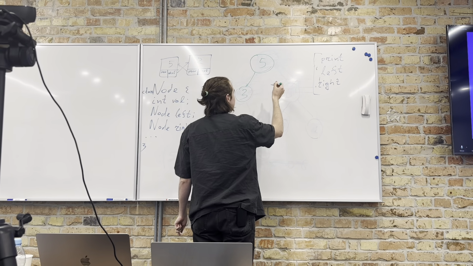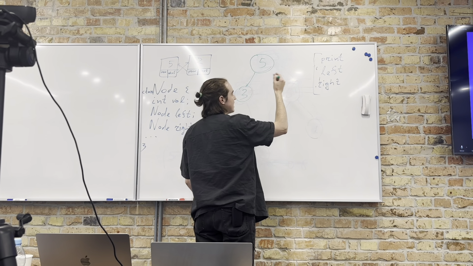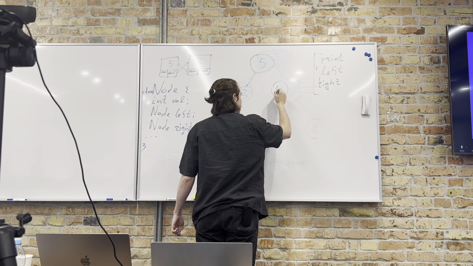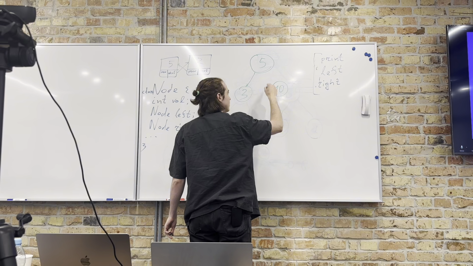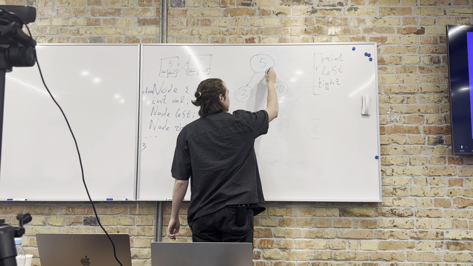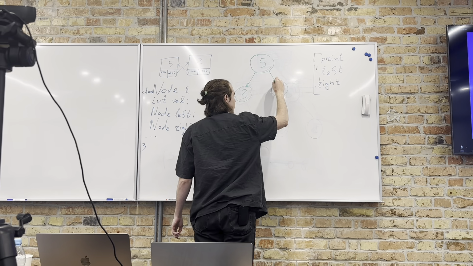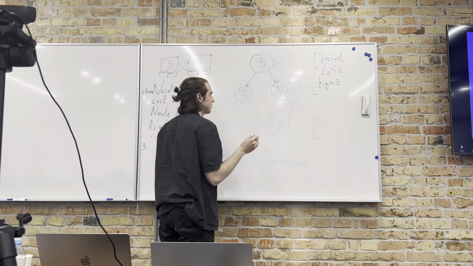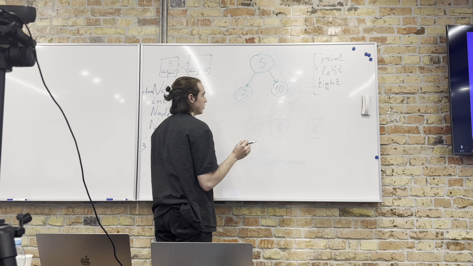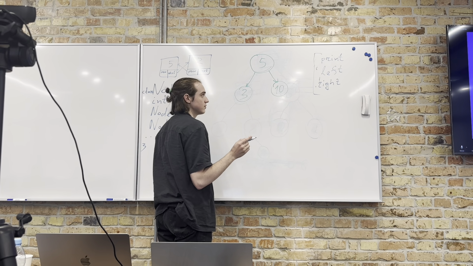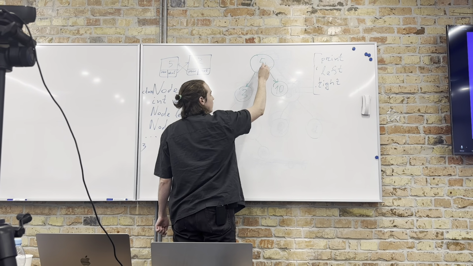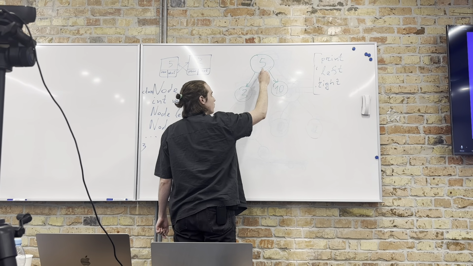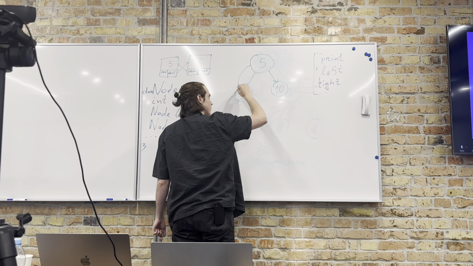Then we want to add 10. We add node 10, and we check if 10 is less than 5, we need to go to the left, but 10 is greater than 5, so it becomes the right child. Then, for example, we want to add 4. 4 is less than 5, but 5 already has a left child, so we go to the left child of 5.